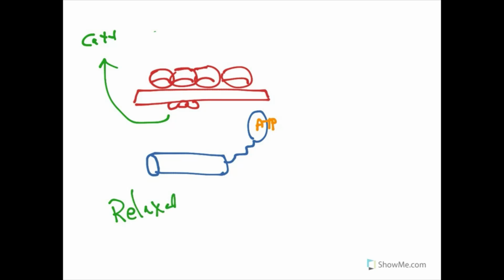Now, what's actually happening is on your myosin, remember he was like this. Sorry, he was like this. Sometimes when I'm trying to sketch, it's a little bit more difficult than I expect. It was like this.